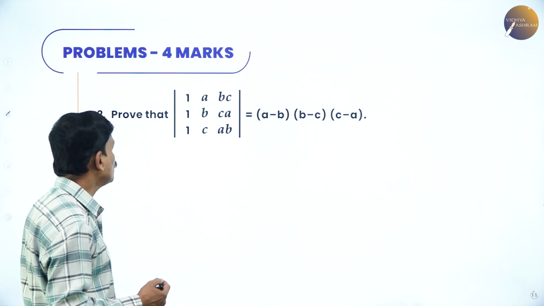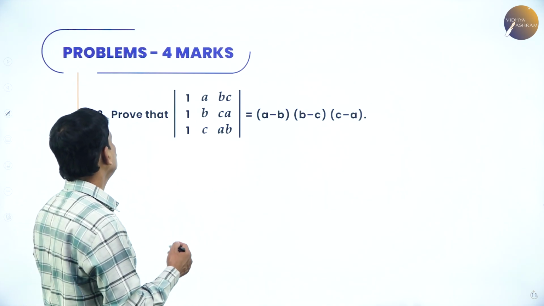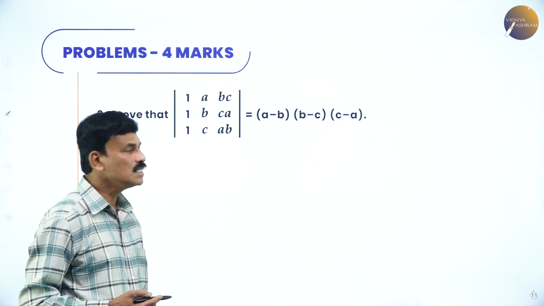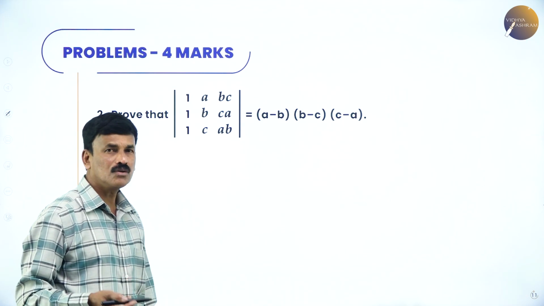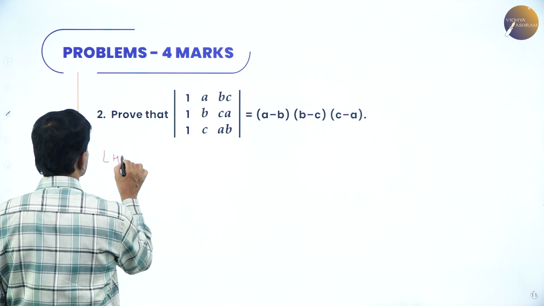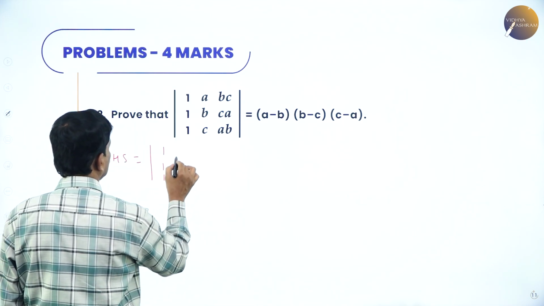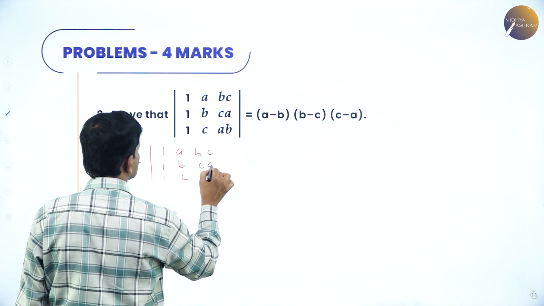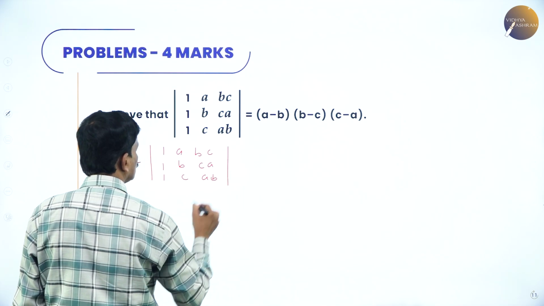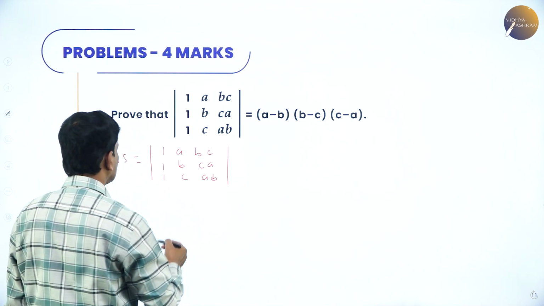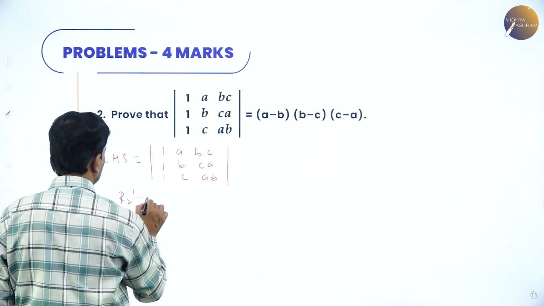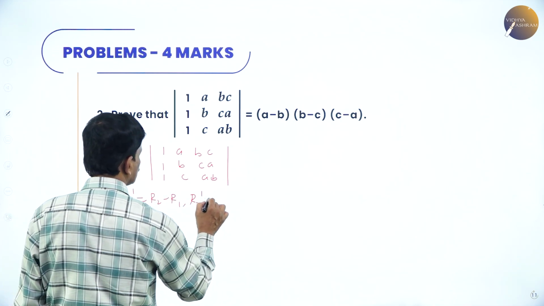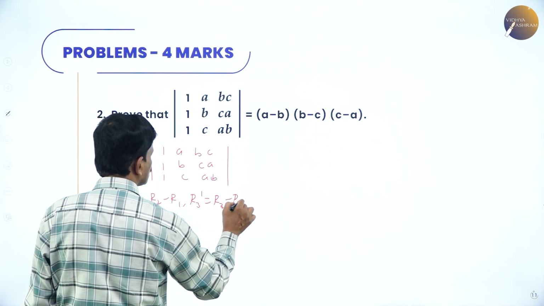Prove that the determinant 1, a, bc, 1, b, ca, 1, c, ab is equal to (a minus b)(b minus c)(c minus a). Now let us take the LHS: 1, 1, 1, a, b, c, bc, ca, ab. Now let us convert, taking R2 dash is equal to R2 minus R1 and R3 dash is equal to R3 minus R2.